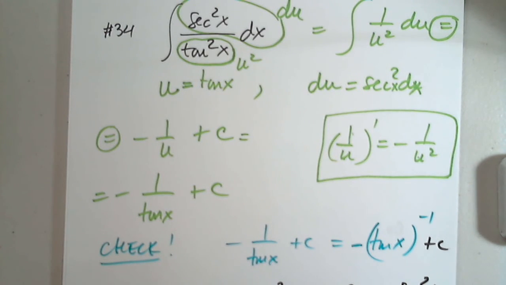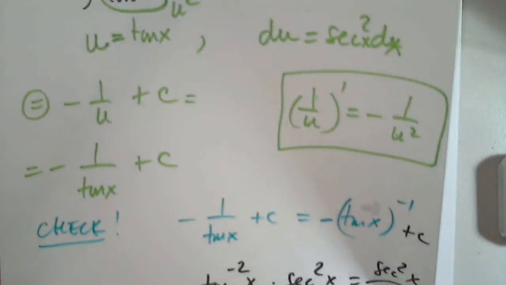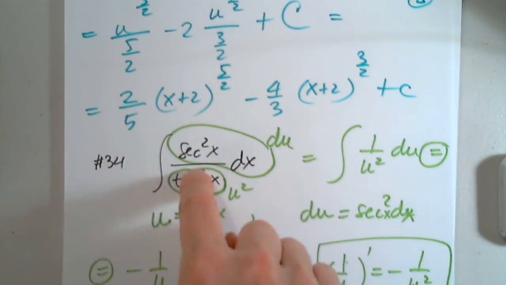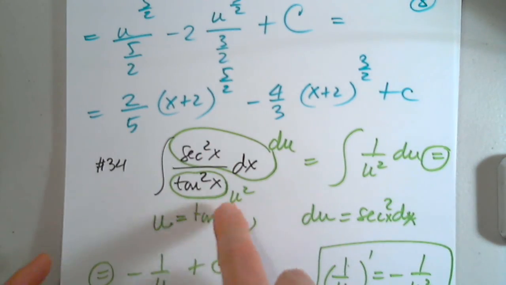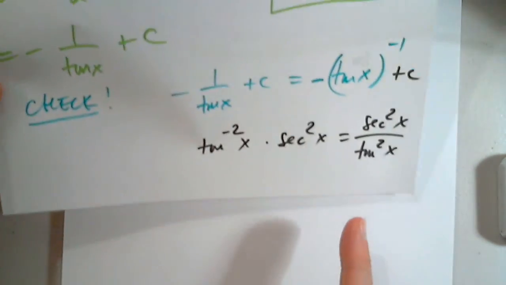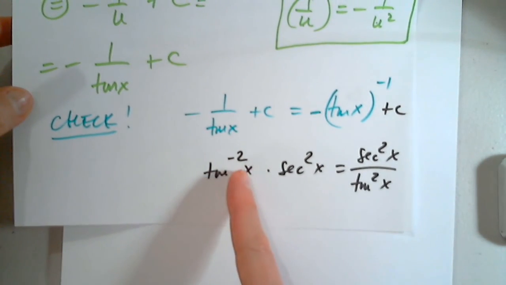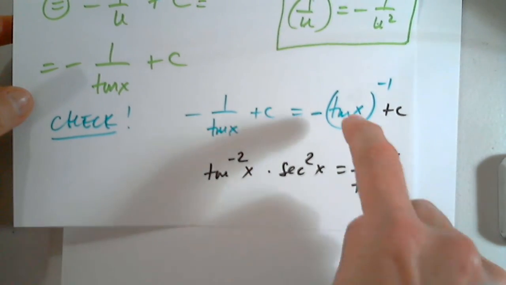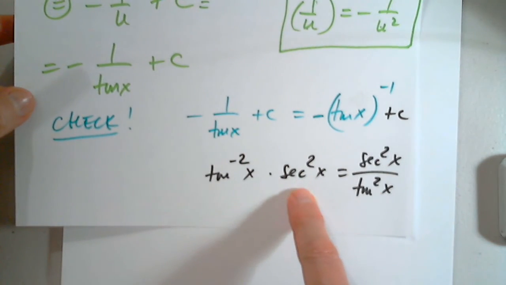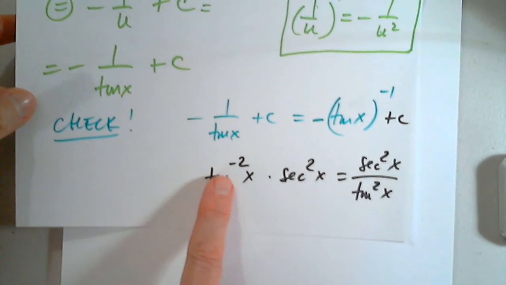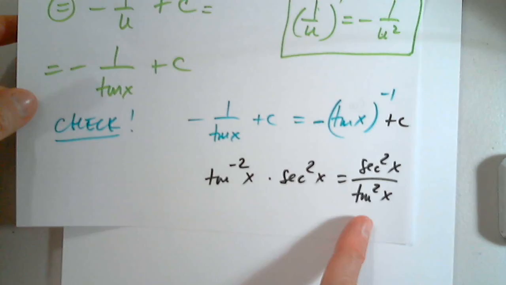So I got back my function. I checked. By differentiating this, I got the original function back. Bring down negative 1, subtract 1 from the power, differentiate the inner function: secant squared over tangent squared, because this is power negative 2. Excellent pick, thank you.